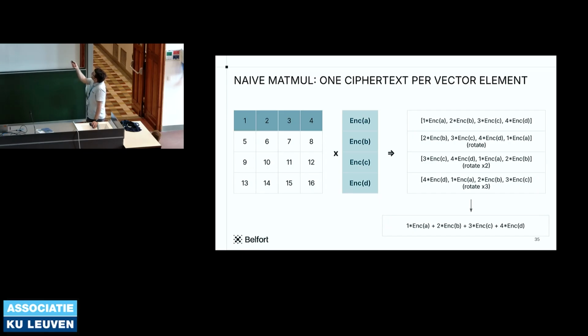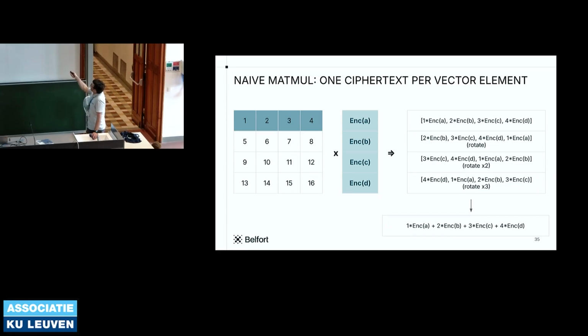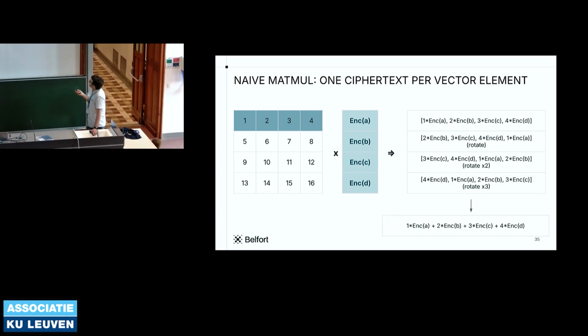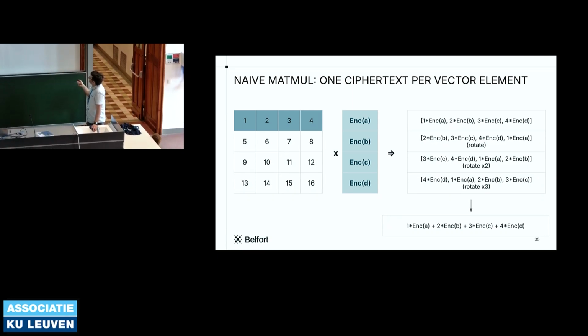So I'm going to rotate it once, rotate it another time, rotate it another time, and now I can do the sum of these 4 vectors. Now I get a vector where every entry of the vector is this value. And that's the first entry of my result, right? But now I get this value 4 times, so I will actually need to zero out some of these entries, and I'm going to need to do this for every row.